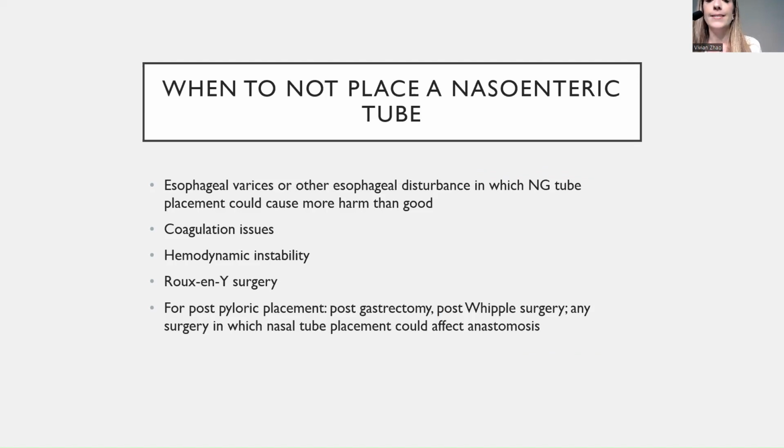When should you not place an enteric tube, a nasoenteric tube? If the patient has esophageal varices or any esophageal disturbance where the placement could cause harm, bleeding, anything like that, then of course you don't want to place the tube.